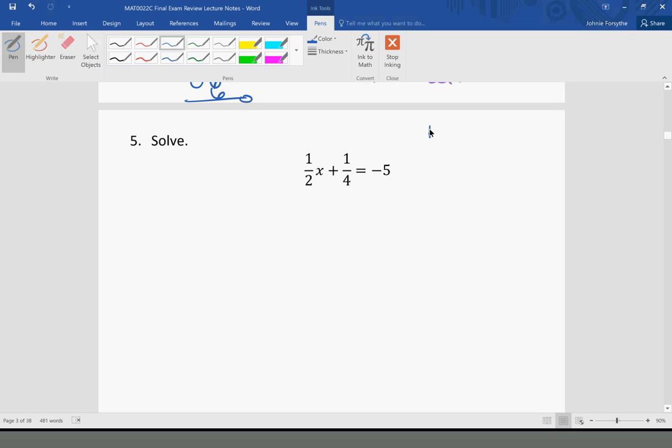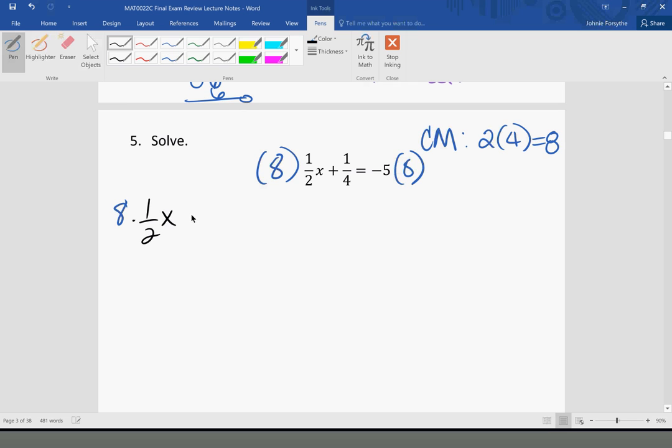So if we find a common multiple, 2 times 4 equals 8. Let's multiply everything by 8 and see what happens. So we have 8 times 1/2 x plus 8 times 1/4 equals 8 times -5. Watch what happens.